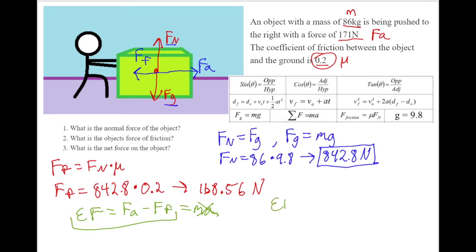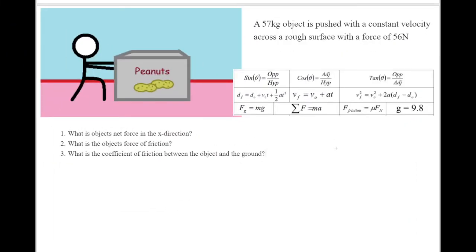We find out that net force is equal to 171, because that's our force applied, minus 168.56, because that's our force friction. And I'll just write these up here as well. We solve by just adding these together, and we find out that the net force acting on this object should be 2.44 newtons.